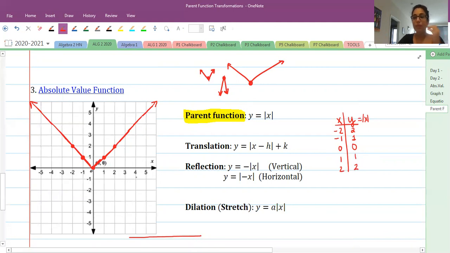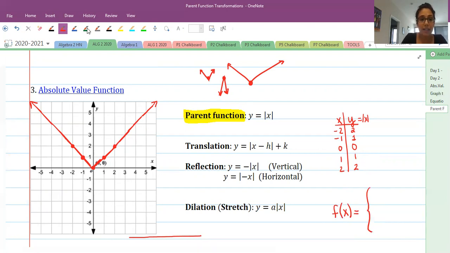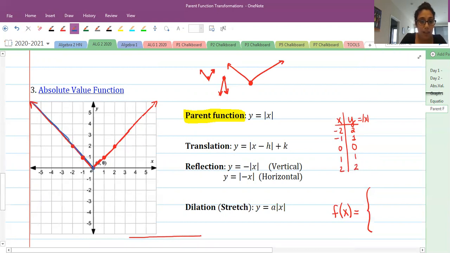Now, this is a piecewise function by nature. What is the function? Well, I have f of x equals two lines. If you look at this, the absolute value function is a piecewise function.